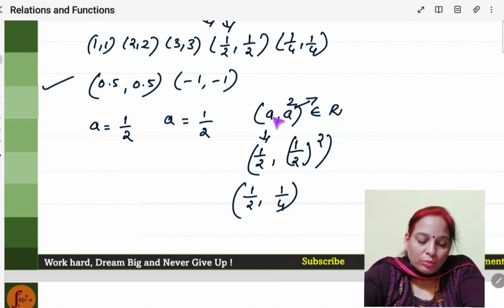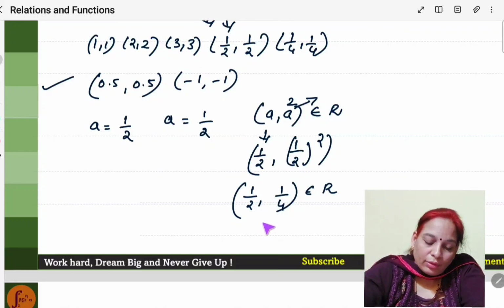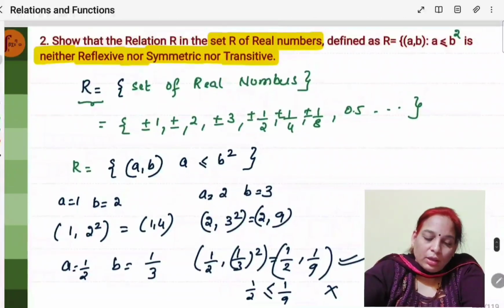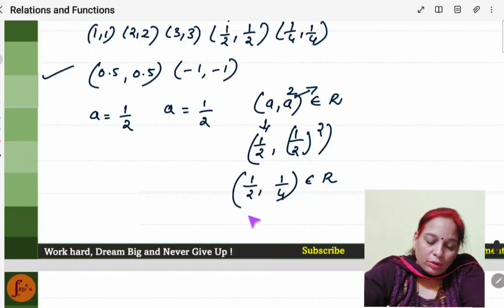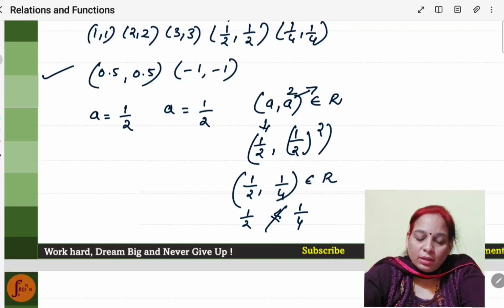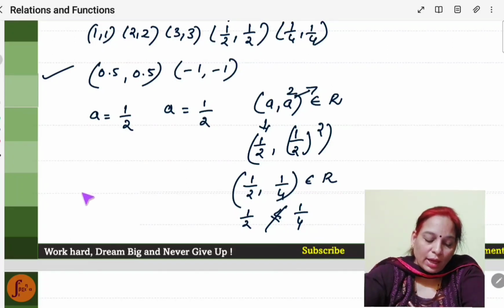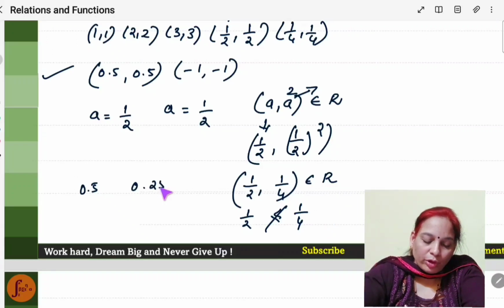You used both first element and second element as the same element, which is one condition of reflexive. Now you notice this half. What is the condition? The first element should be less than or equal to the square of the second element. Now half is not less than 1/4. What is half? Half is 0.5. What is 1/4? It is 0.25.